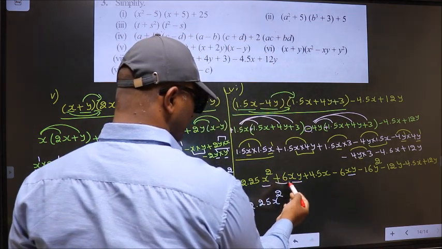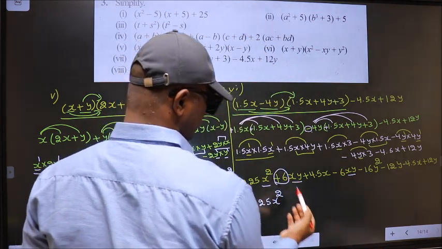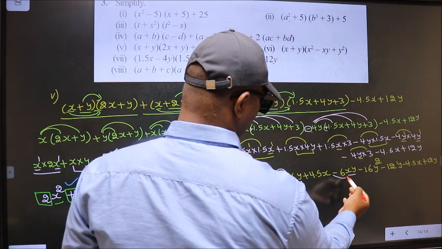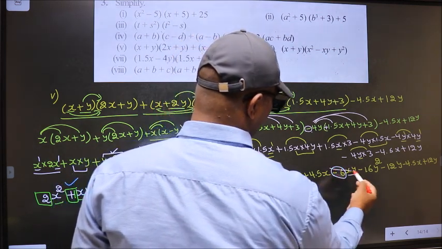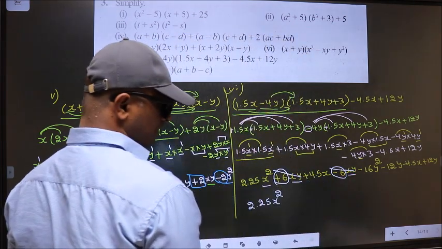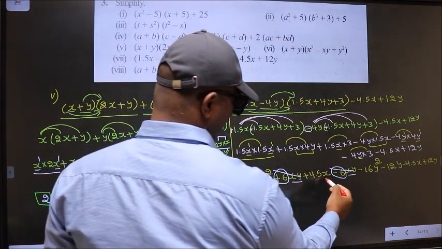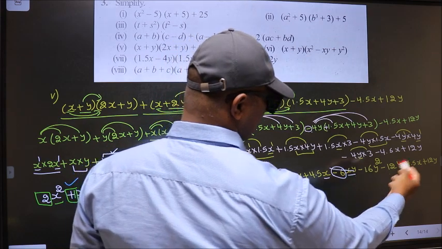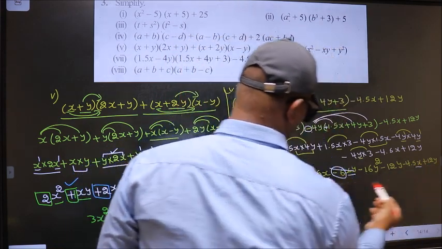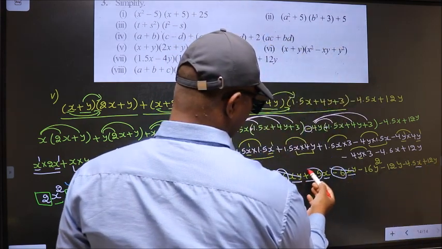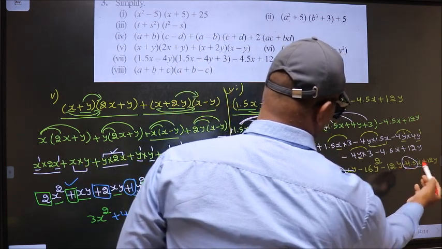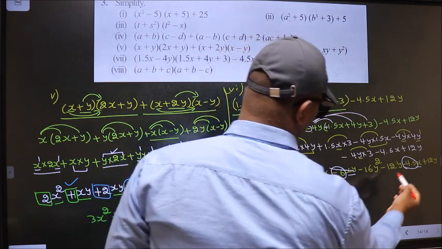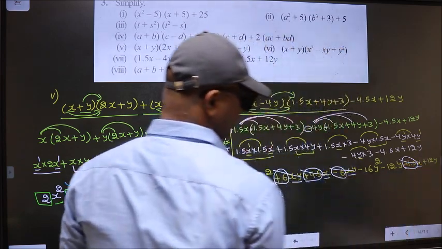Now before xy, here you have plus 6 and here you have minus 6. So plus 6xy minus 6xy cancel out. Next, x term. Do we have anywhere x? Yeah, here. Now before x we have plus 4.5 and before x minus 4.5. So plus 4.5x minus 4.5x cancel out.